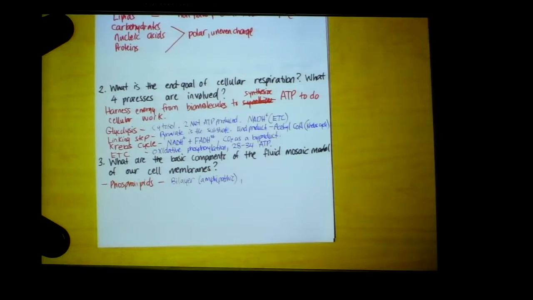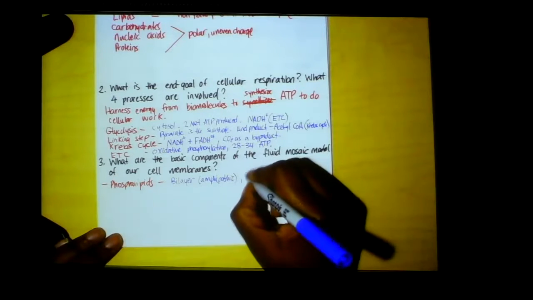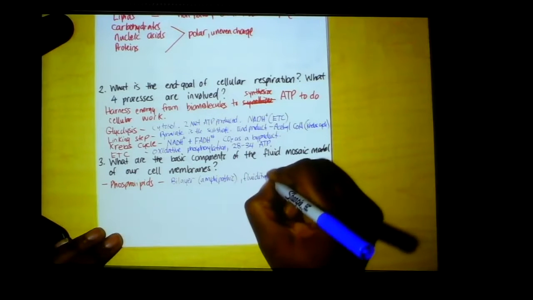What else did it offer the membrane in terms of functionality? Why do we call this the fluid mosaic model? Because it's not rigid, right? It has fluidity, it has flexibility, right? Which is given because of these amphipathic phospholipids. So fluidity and flexibility.